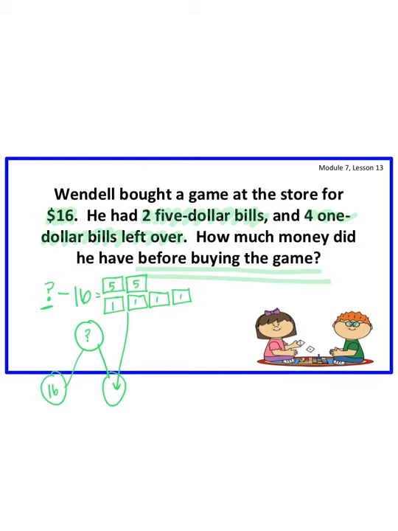You ready? Okay. So first we should probably figure out what goes in that other circle down here in the number bond. So we should add up how much money he has left over first. So 5 plus 5 is 10. 11, 12, 13, 14.